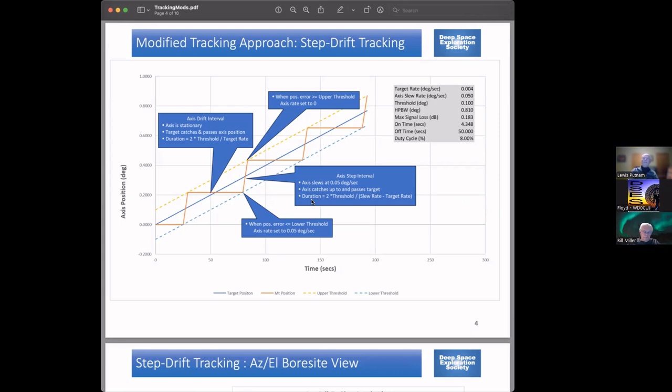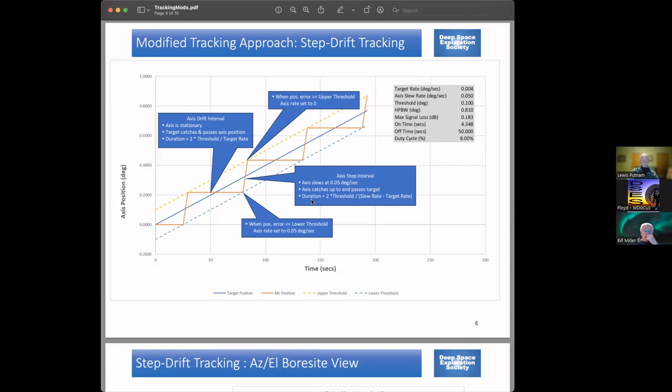The net result is the slew rate or step rate is much higher than the target rate, so the step phase is much shorter in duration in general, and so the overall duration for the step and drift phases is mostly driven by the drift phase.